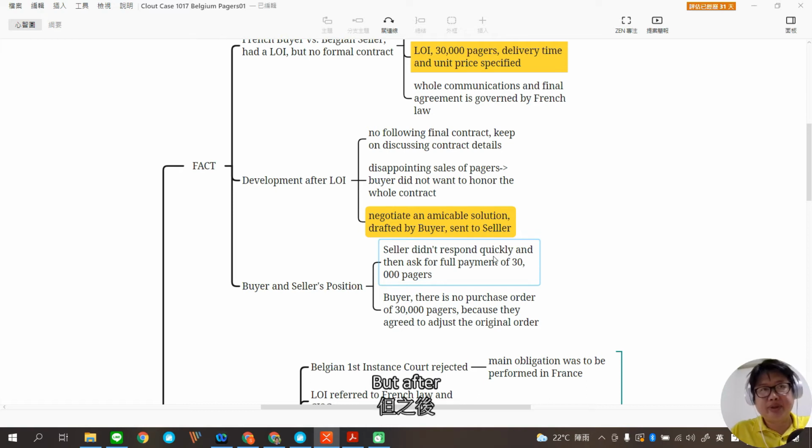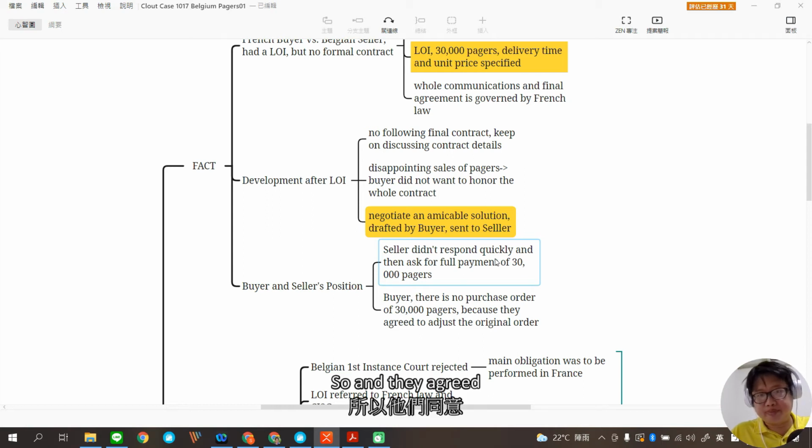But after that they found the sales of the pagers in the consumer market doesn't look good. So they just negotiate with each other whether or not to carry on the remaining pager sales.